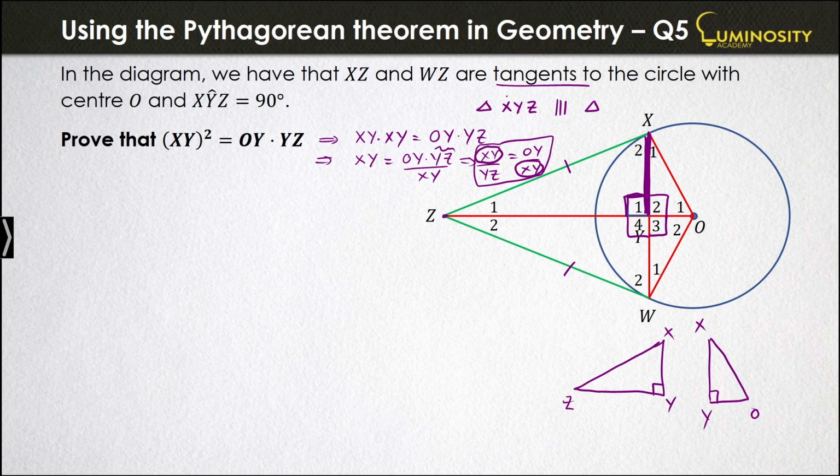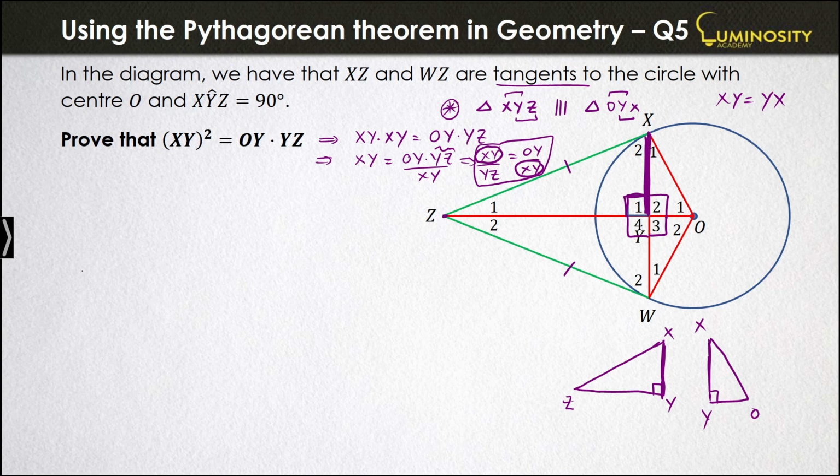So if we go in the order XY over YZ, then we want the order OY over XY, which can be rewritten as YX as well, because XY equals YX. It's the same side length, regardless of whether you change the letters around. It just denotes the same side.